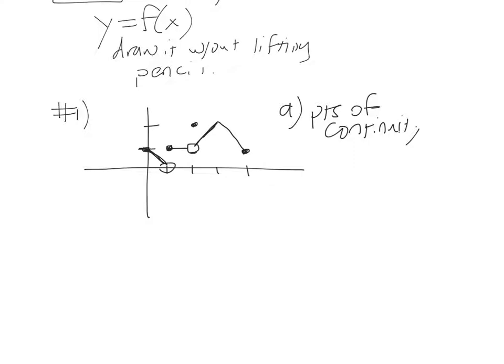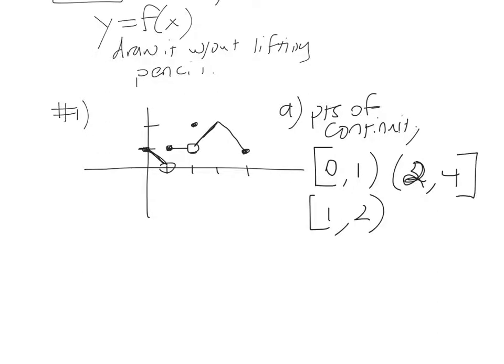Okay. So the points of continuity would be from 0 to 1. So it's continuous from 0 to 1. And then it's continuous from 1 to 2. These are intervals of x. And then it's continuous from 2 to 4.